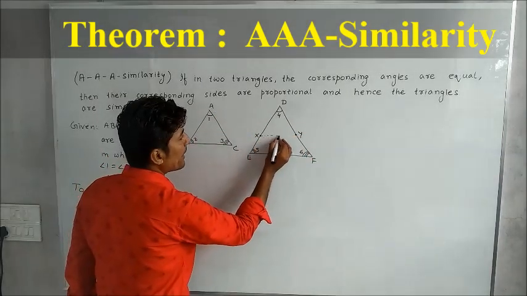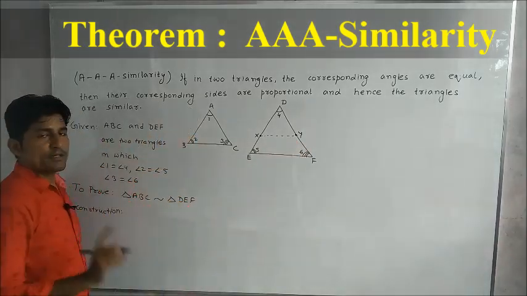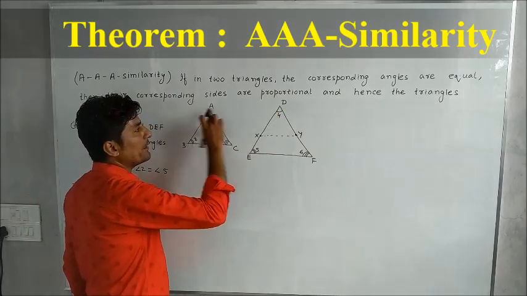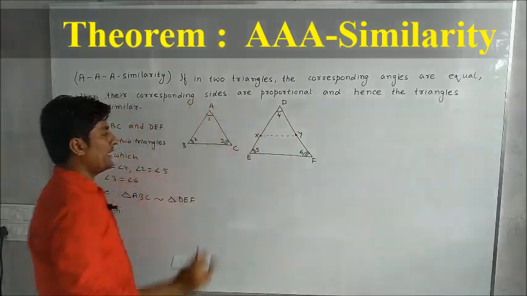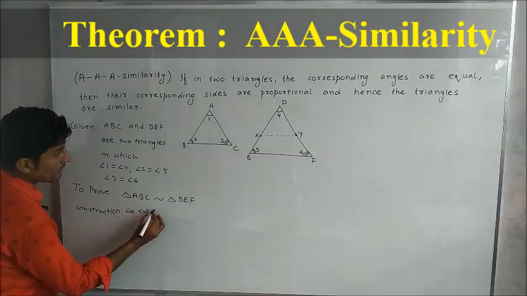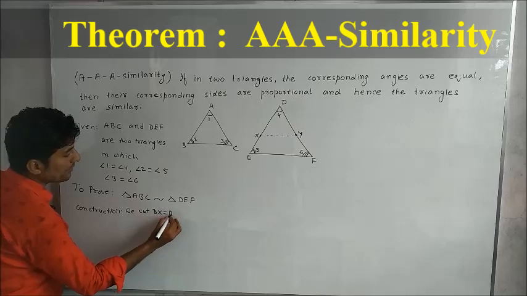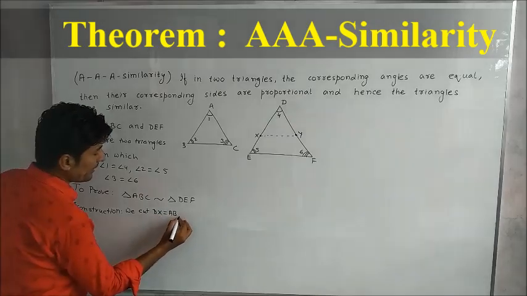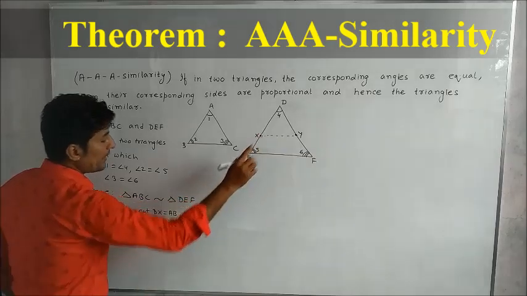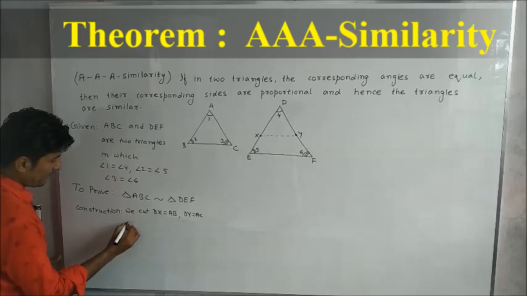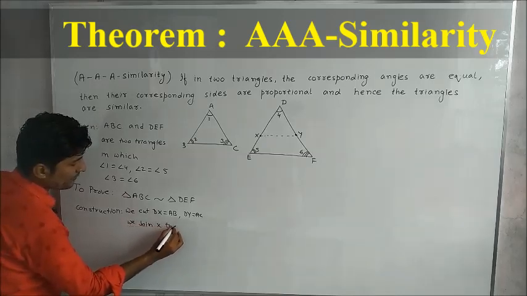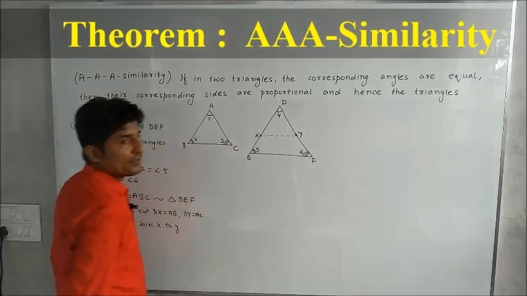Then we have to join X to Y. Once again I am repeating, we cut DX equal to AB and DY equal to AC, and the same thing we are going to write here. Then we join X to Y.